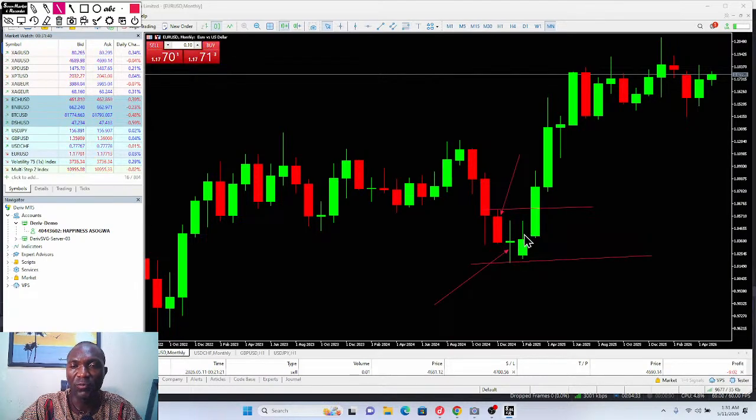Now, when this particular candle came up and broke the high of these two candles, it has created a higher high. Now let's assume the market breaks it down. All we need to say is that it has created what? A downtrend.